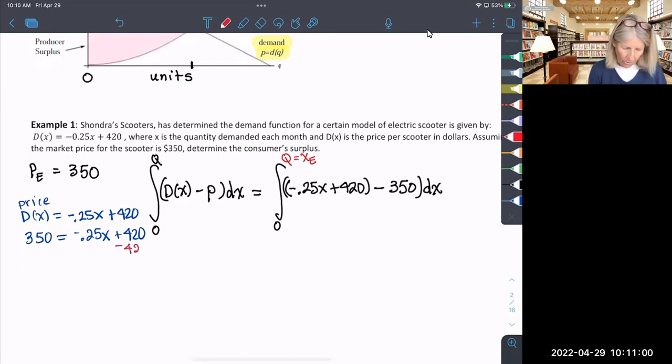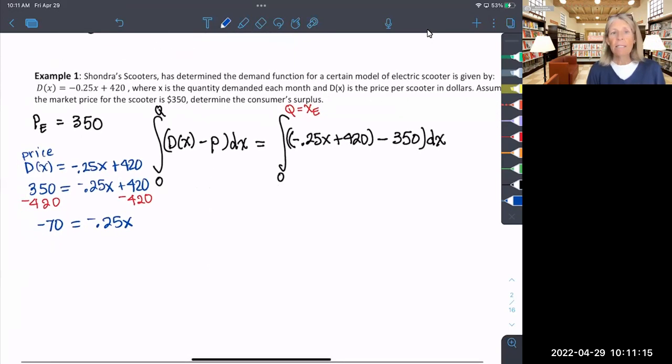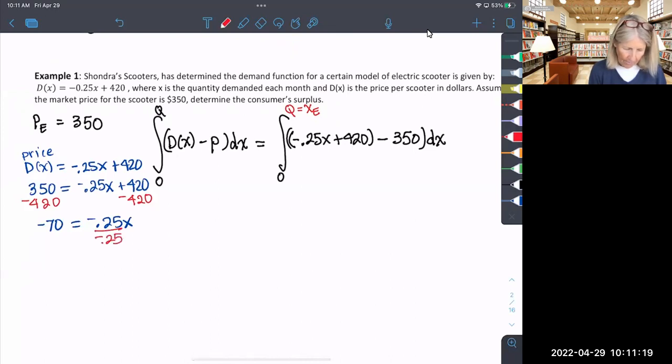Okay, so we just have to solve this for X. So again, a little algebra here. Let's move our 420 to the other side. This will give me negative 70 equals negative 0.25x. Let's divide by negative 0.25.